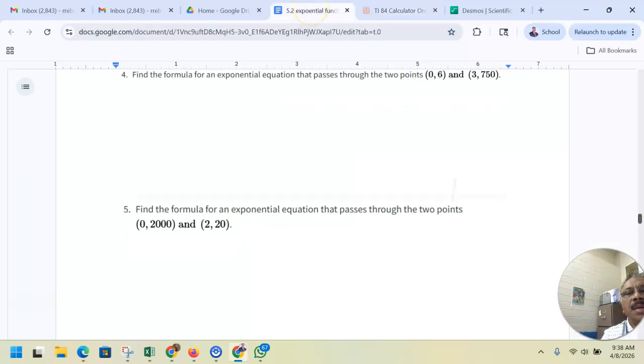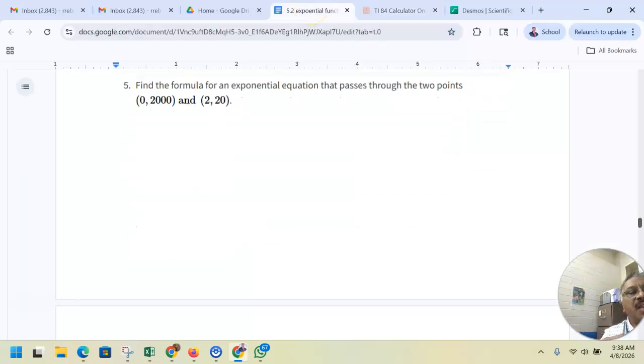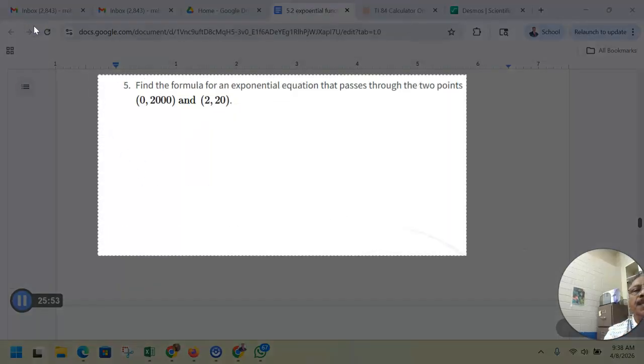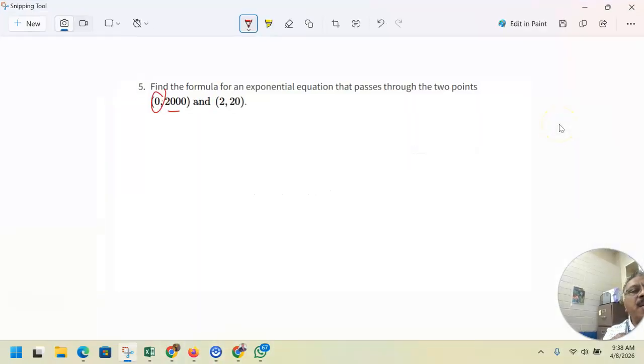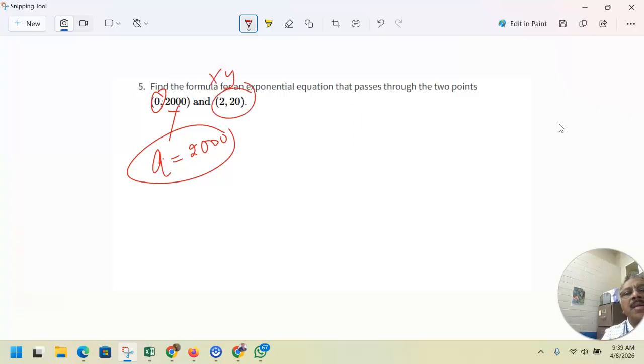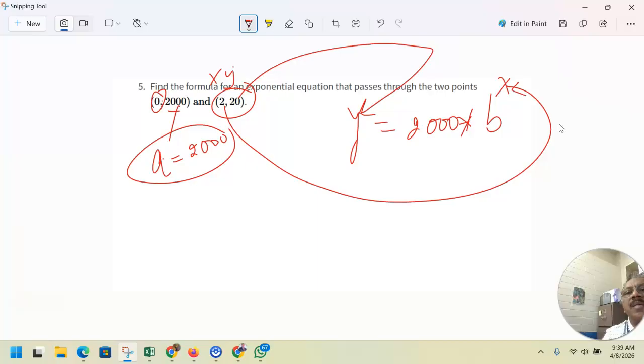Let's move on to the next example. I'll skip this because it is almost the same thing. The moment you have this, your A is 2000, right? And then this is the X and Y. So your Y is 20, you already got 2000 times B raised to X, and you plug this Y here, this 20 goes here, this X goes here.